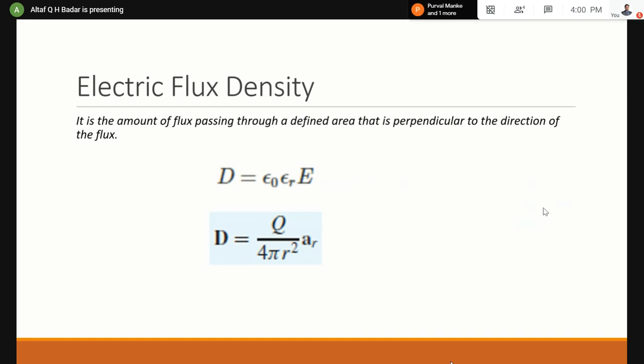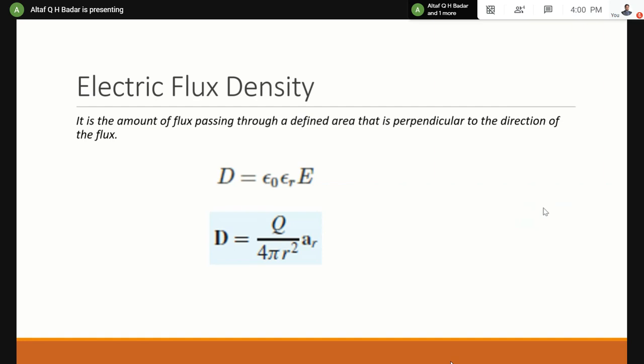The phasor remains the same. The vector in which E lies is also the same. Electric flux density at any point in the electric field of the body is also defined as the number of lines of force passing through a unit surface area at that point.